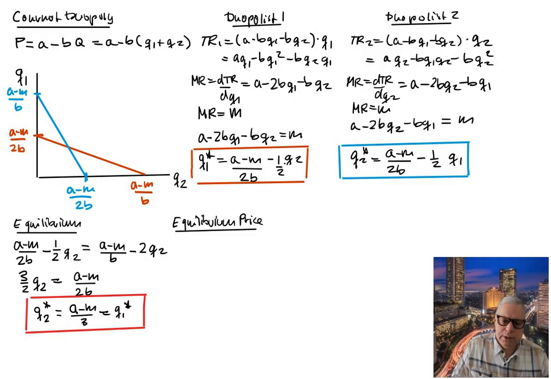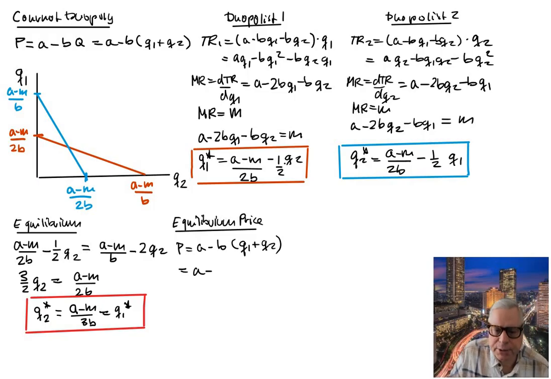Okay, so we know that the price is given by A minus B times (Q1 plus Q2). So now we have A minus, I multiply again, so B Q1, oh I forgot here the B. You see 2, but then over 3, the B doesn't disappear, it disappears now.